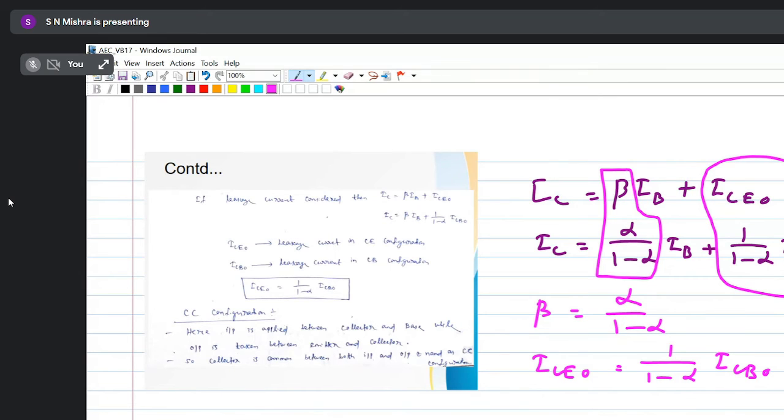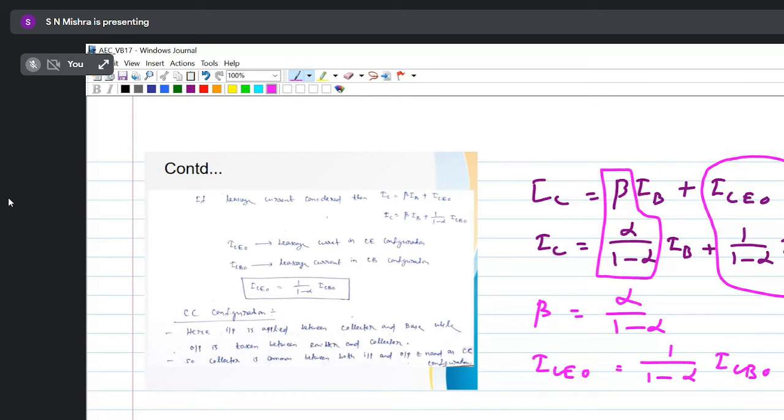And tell me, will ICEO be higher or ICBO be higher if alpha is less than 1, from this equation? Sir, ICBO. No, sir, ICEO, because in the denominator we will have 1 minus alpha.